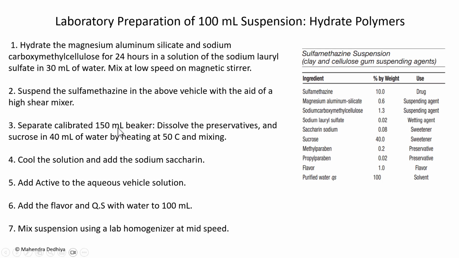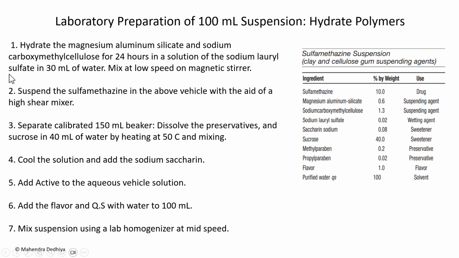In a separate 150 ml beaker, dissolve preservative and sucrose in 40 ml of water by heating at 50 degrees C and mixing it. Cool the solution and then add sodium saccharin to it.